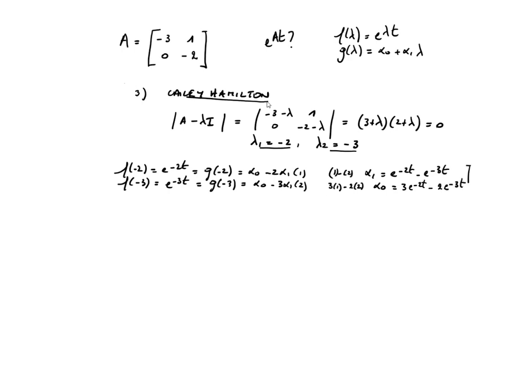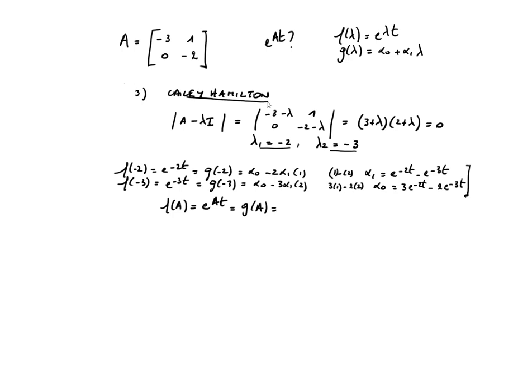Okay, so this is how we obtain alpha 1 and alpha 0. So g of lambda is now defined, and we know that because of the Cayley-Hamilton property, f of A, that's e to the At, is equal to g of A.